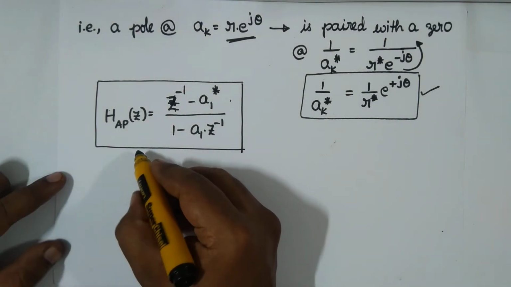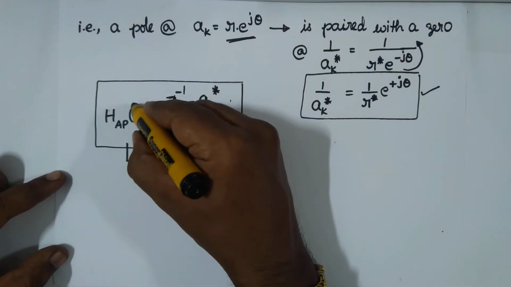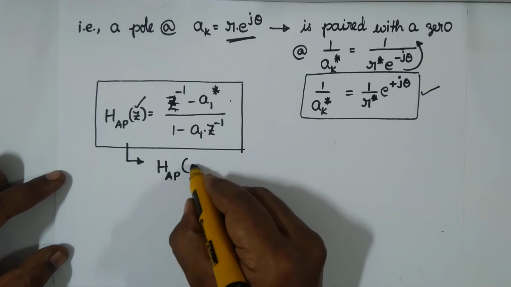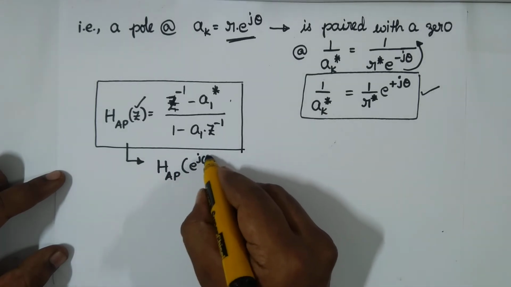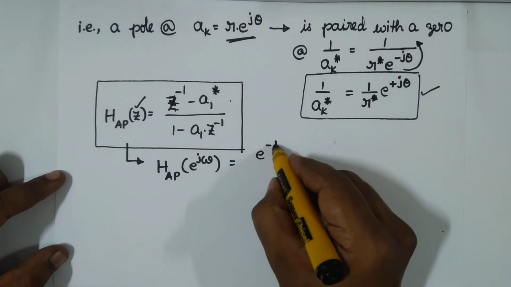Now this is my system, so let me take my frequency response. As z is a complex variable, I will take my frequency response by taking z equal to e power j omega, then this becomes the frequency response, right?